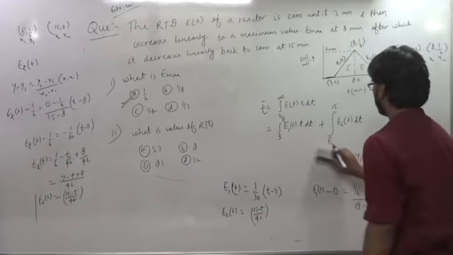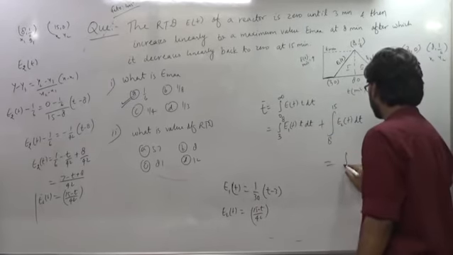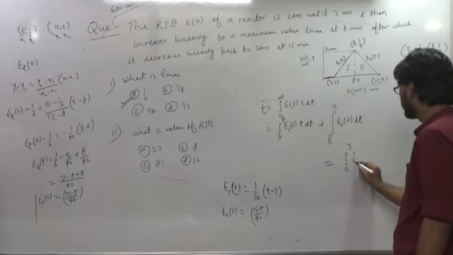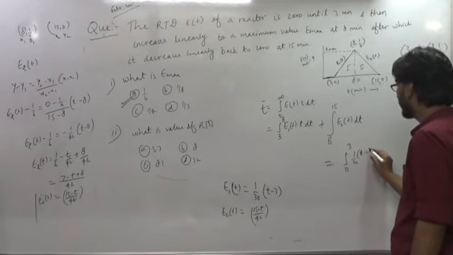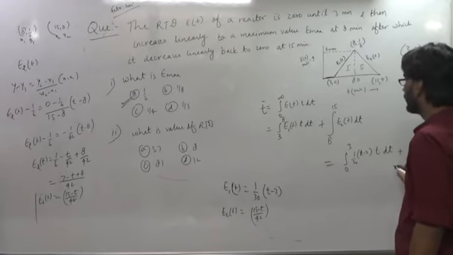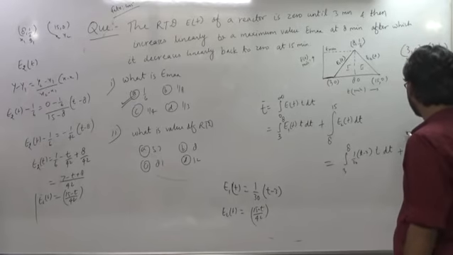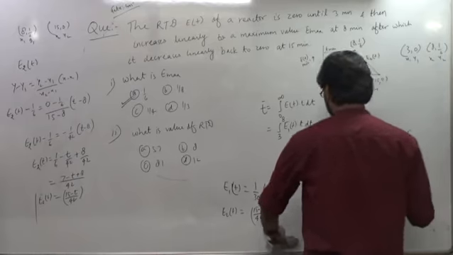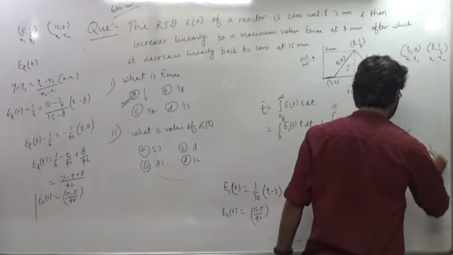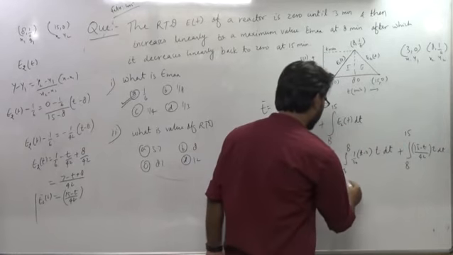Now the integration from 0 to t: in place of e1(t) we'll put 1 divided by 30 times (t minus 3) times t dt, plus here, sorry, it is 3 to 8, so we'll write 3 to 8, and 8 to 15, (15 minus t) divided by 42 times t dt. So this is equal to, this 1 by 30 is outside.